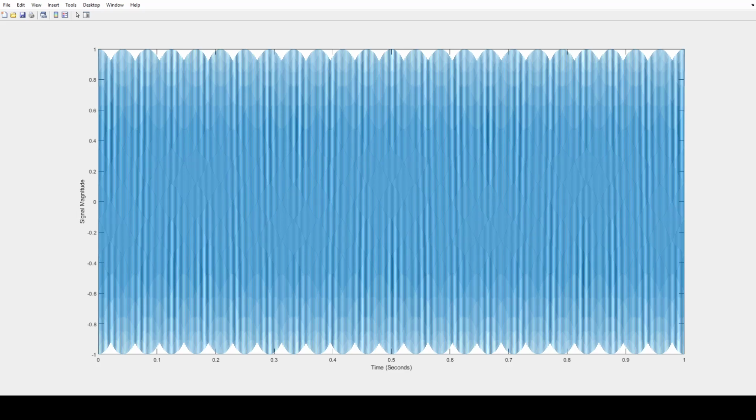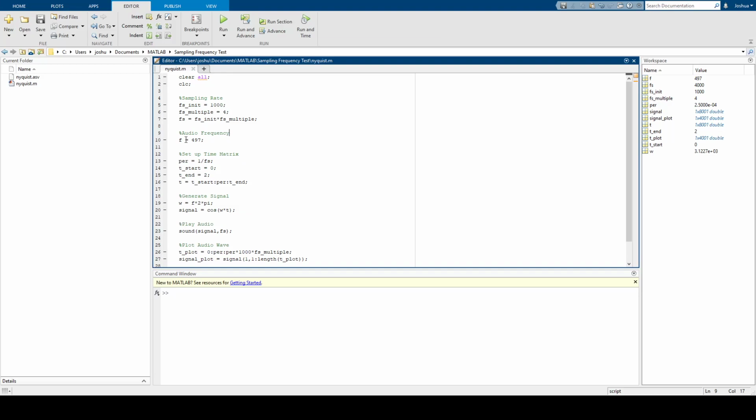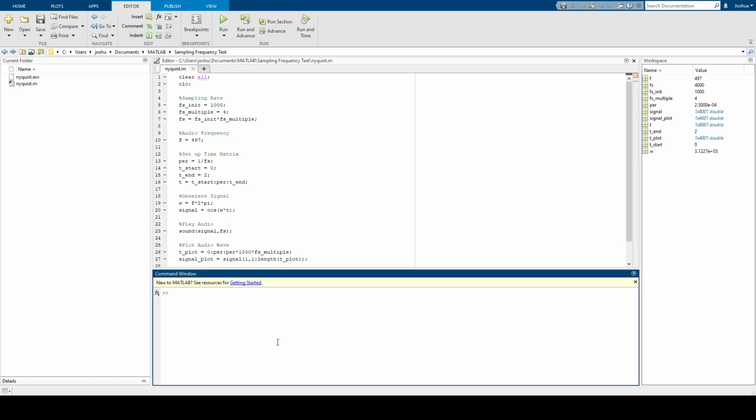So if we look at the sampling at 4 times the Nyquist maximum for 5 kilohertz is 4. So if we take 192 kilohertz and divide that by 44.1, we get about 4.3.